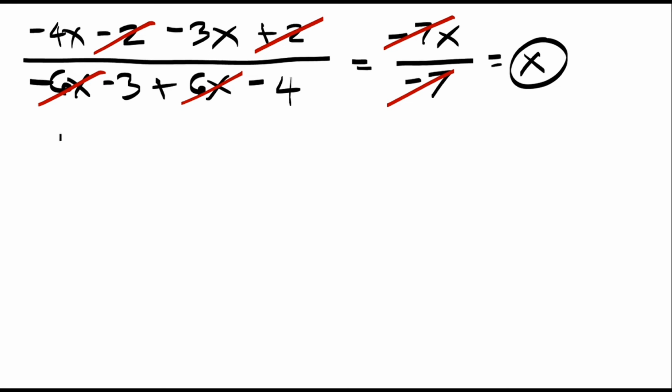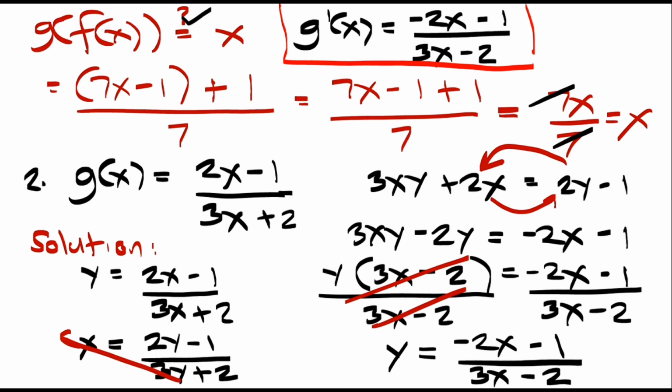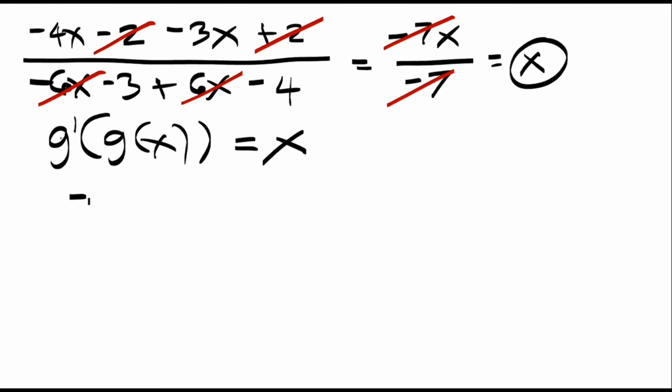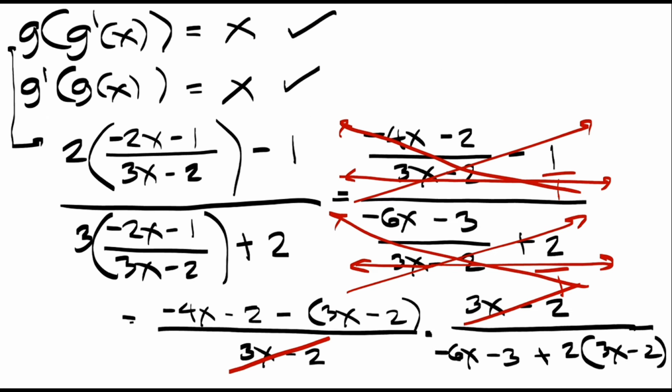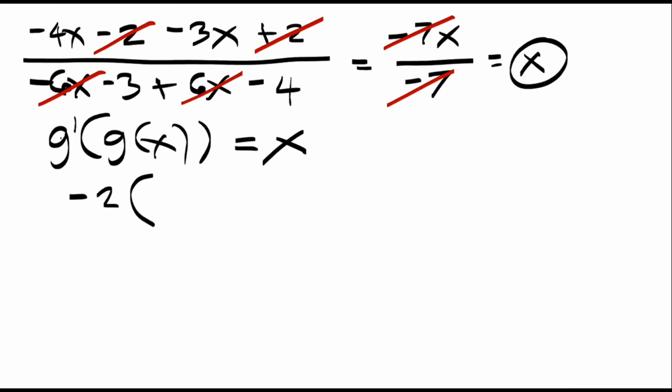Here we'll be verifying g prime of g of x, whether this equals x. So g prime of x is negative 2x minus 1, negative 2x, so x will be replaced by g of x, which is 2x minus 1 over 3x plus 2. So 2x minus 1 over 3x plus 2.